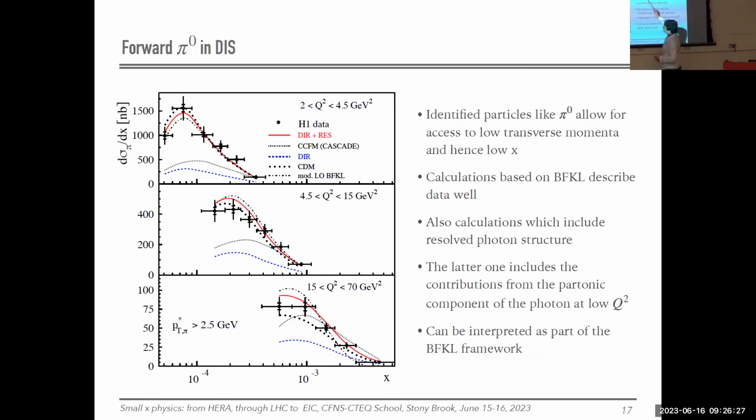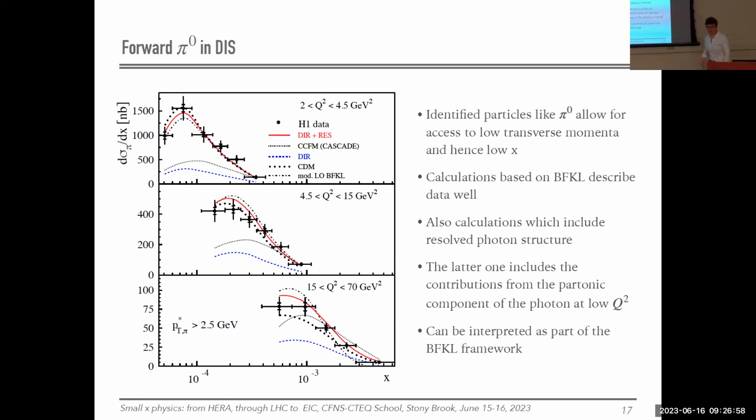Similarly, this is the forward pi 0, the data from HERA. Different values of Q square, and you go to smaller and smaller x. So the smaller Q square, you can of course go to smaller x. And you see this dash-dotted line is actually describing the data. Well, it's consistent, a little bit overshooting the data. There is another line that does describe the data.